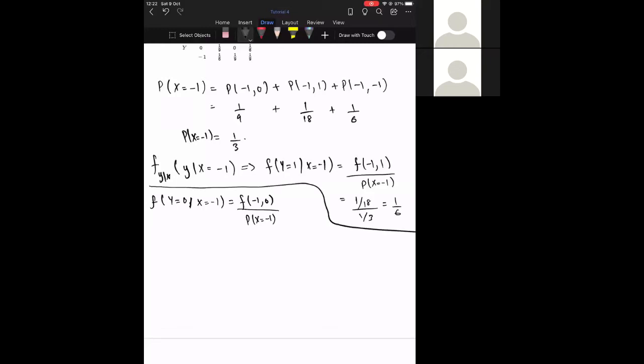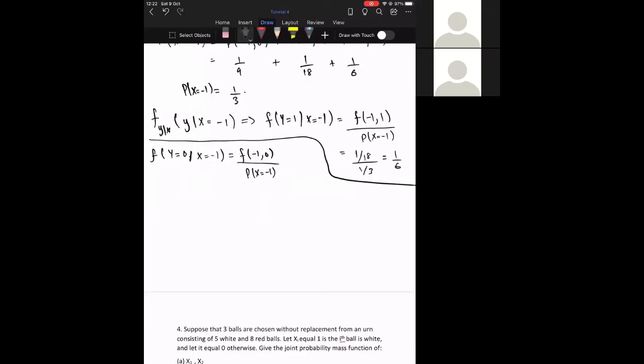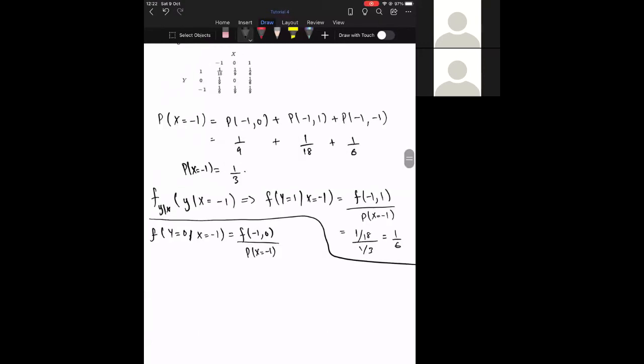So this just equals 1/9 divided by 1/3. So let me just write the final value here. This is 1/3.